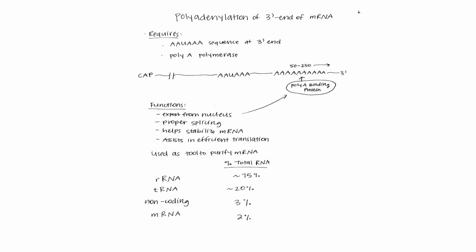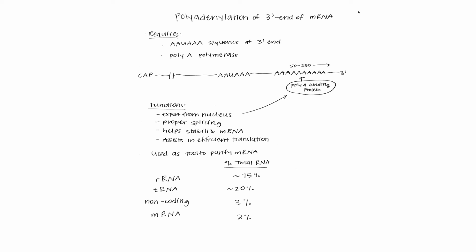It's added by an enzyme called polyA polymerase. That's all this enzyme does. It doesn't transcribe RNA. It makes RNA because it's making a long run of adenines. So it is making RNA, but it doesn't transcribe like RNA polymerase 2.